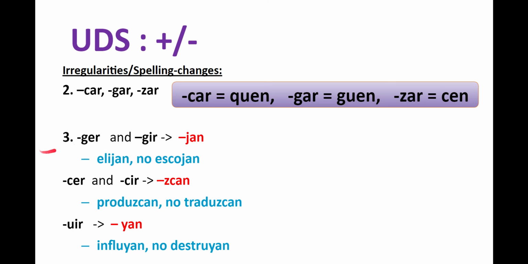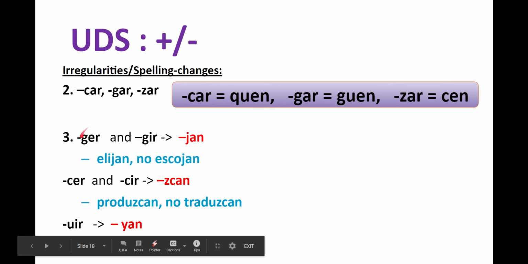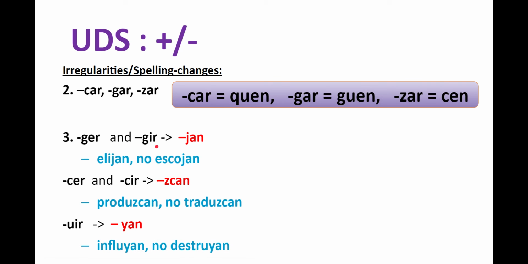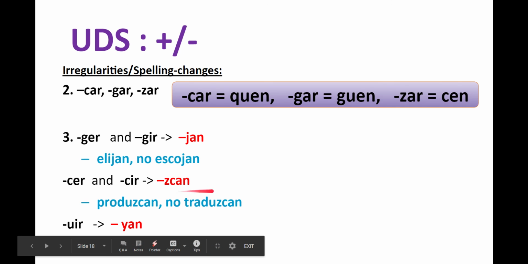Your third irregularity and spelling change has to do with these three categories of verbs that end in GER, GIR. The yo form includes a JO in the present tense. Drop the O, swap the ending, will leave you with a JAN at the end. CER verbs and CIR verbs, produzco, traduzco, now include a ZCO at the end in the present tense.